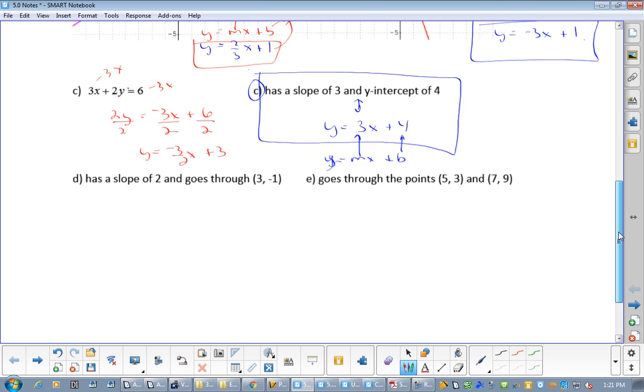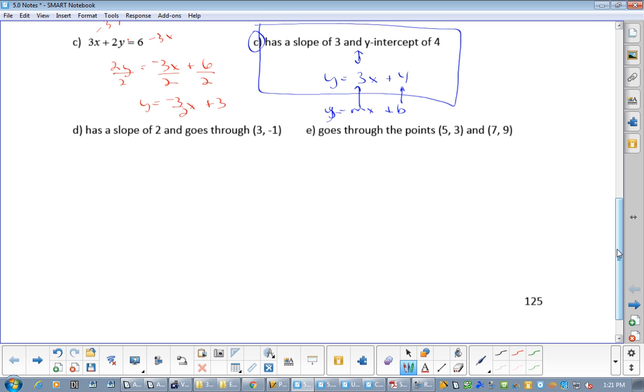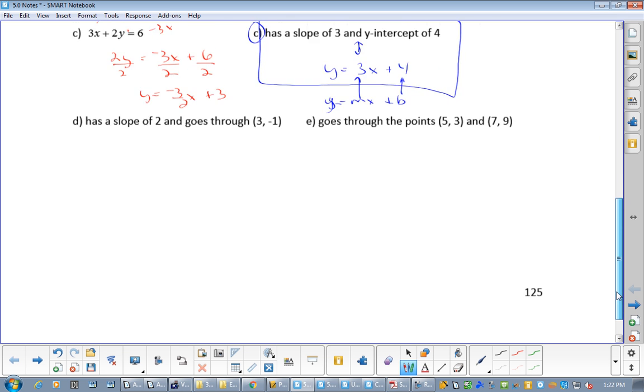Okay, has a slope of 2 and goes through 3, -1. Now, don't get this mixed up with, it doesn't say that's the y-intercept, does it? It goes through that point. So if they give me a slope and a point, what should I use? Slope point formula.